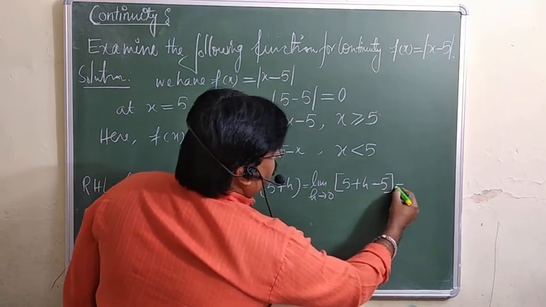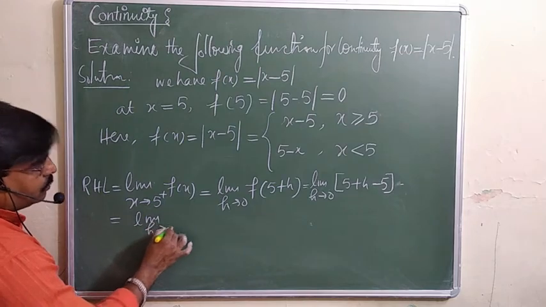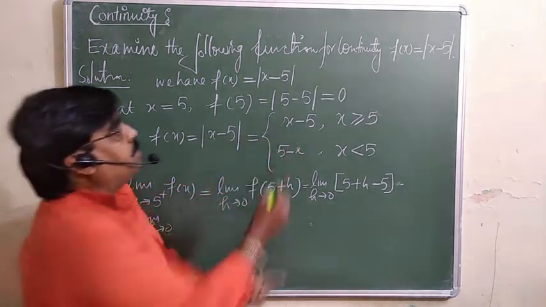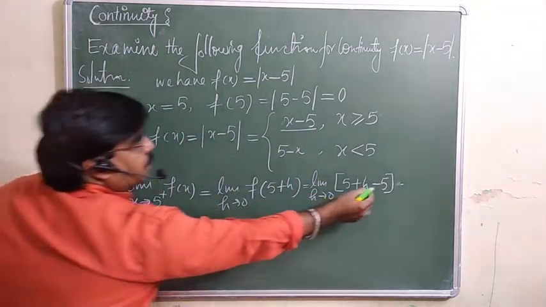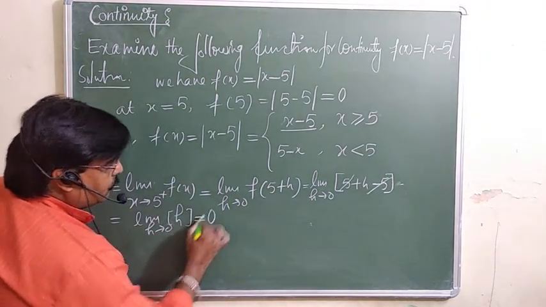Because x tends to 5 plus, your function will be x minus 5. So limit h tends to 0, the 5 cancels, and this is h. So you will get 0.